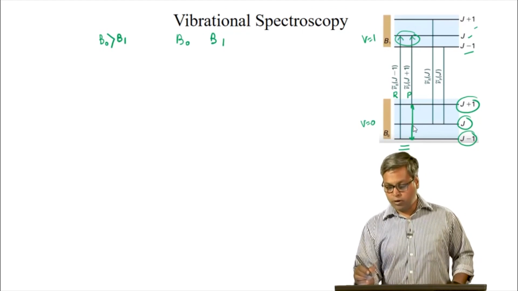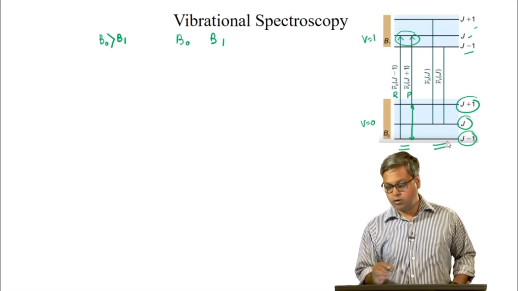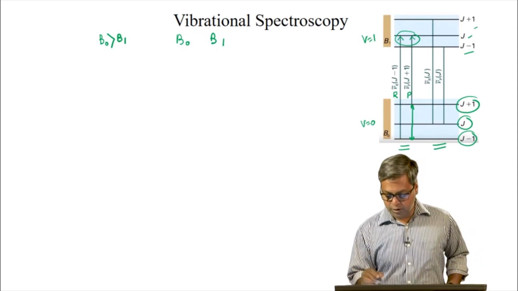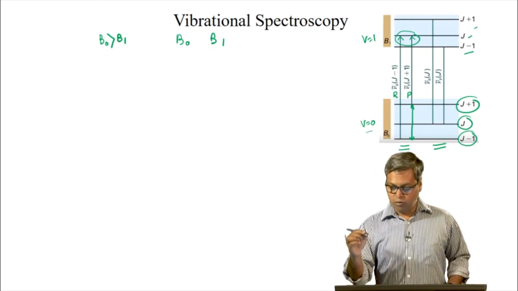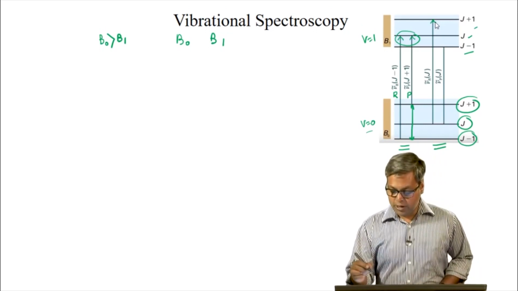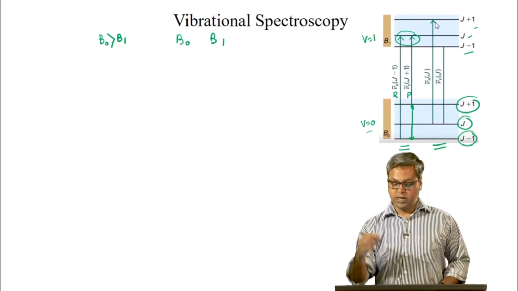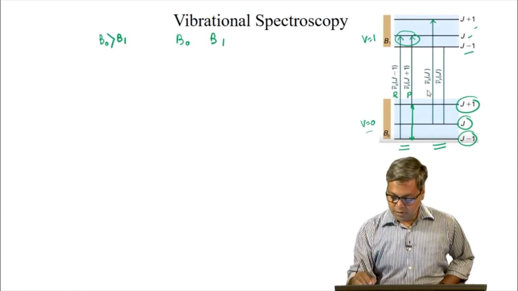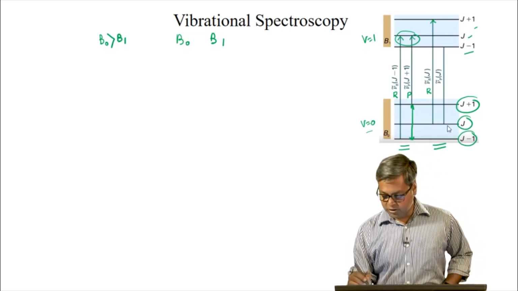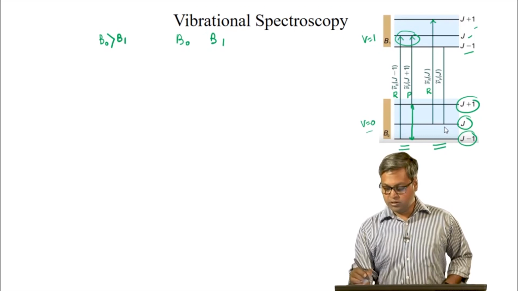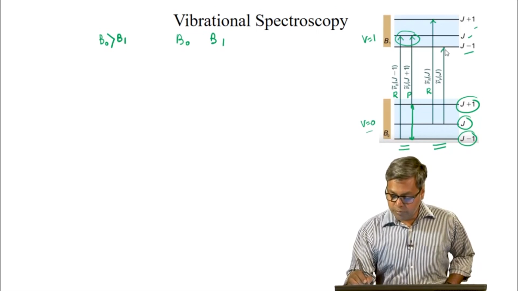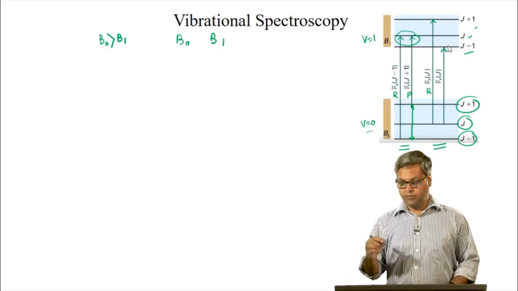Now let us focus on these two transitions on the right side. The first transition starts from the j level of V equals 0 and goes to the j plus 1 level of V equals 1. As there is an increase of j by 1 in the final state, this is an R branch. The rightmost transition starts from the j level of V equals 0 but goes to the j minus 1 level of V equals 1.